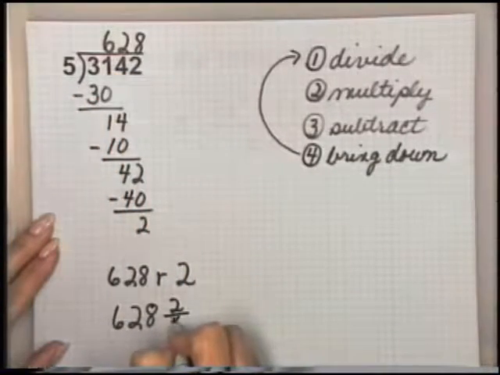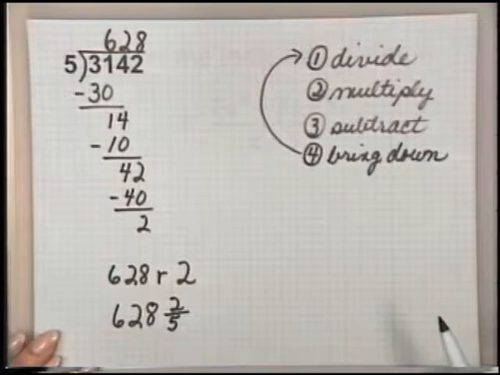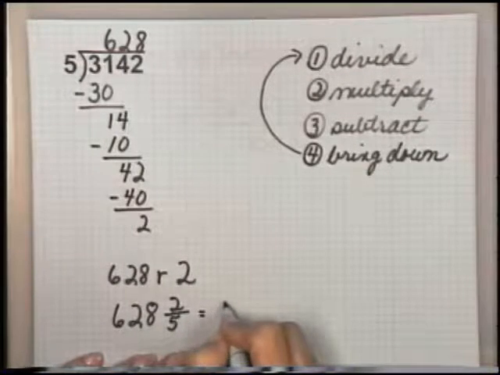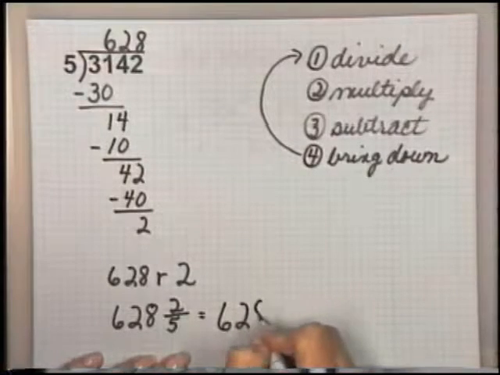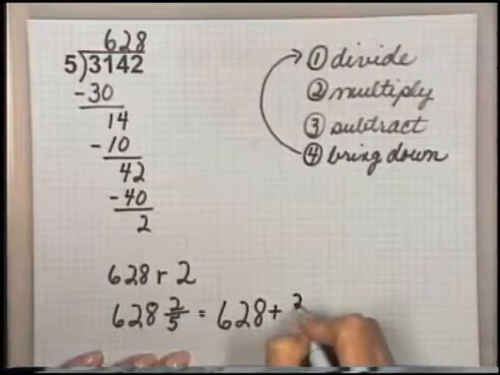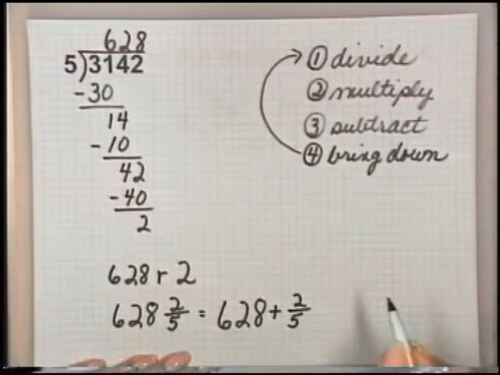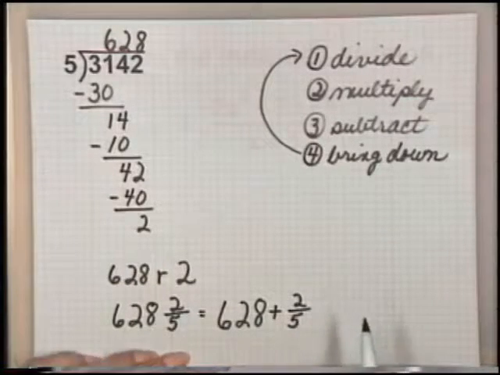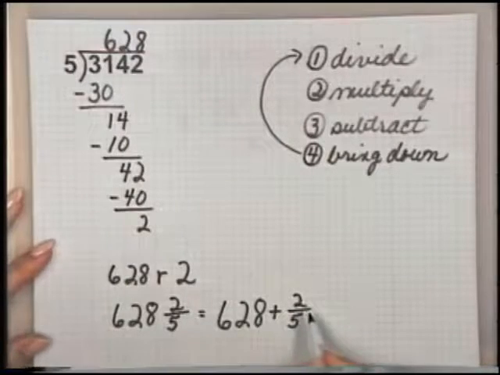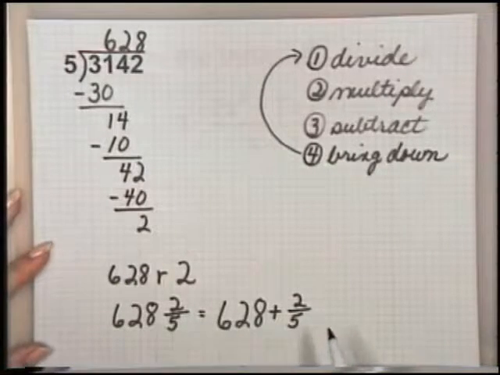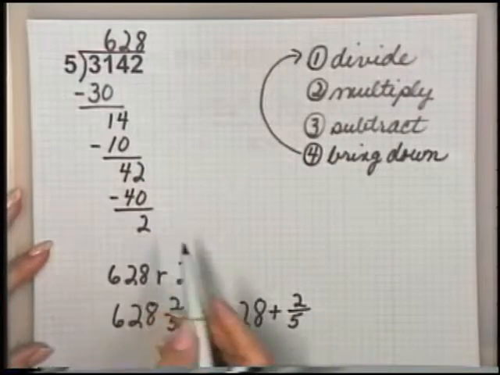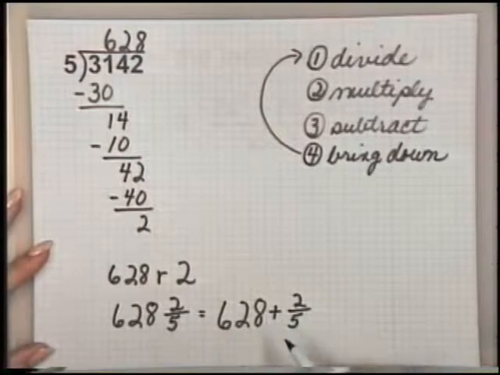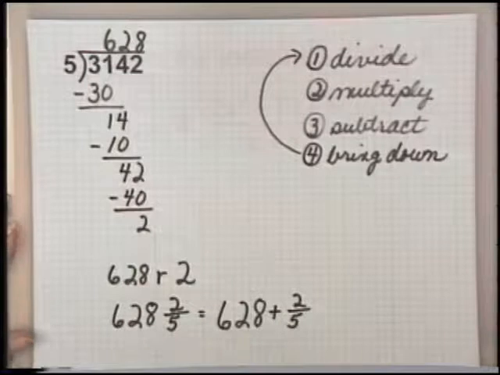So I could write this as 628 and 2/5. And remember what this means is 628 plus 2/5, doesn't it? Now we don't write it that way in arithmetic because it's understood to mean that. I point this out to you because in algebra we will write our remainders as fractions, and we will need to have a sign in front of the remainder.